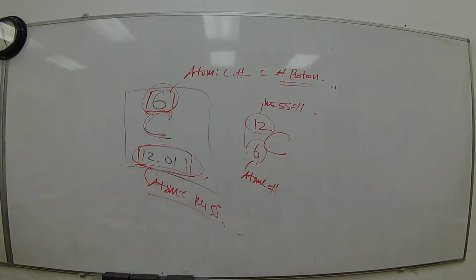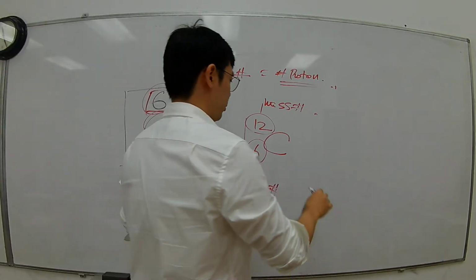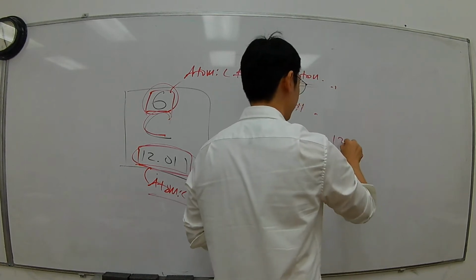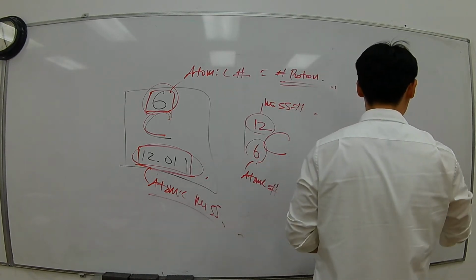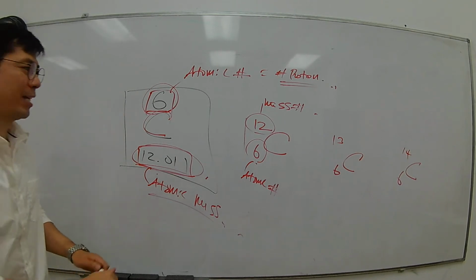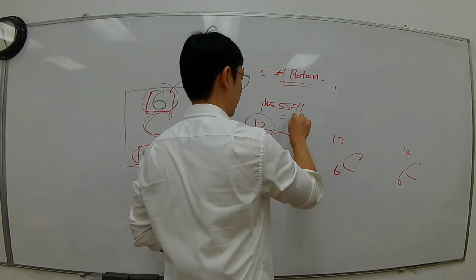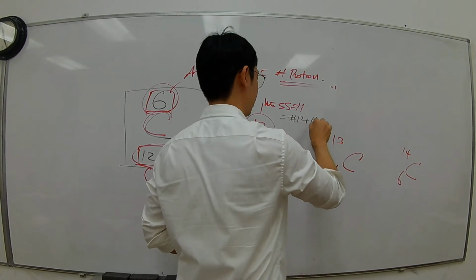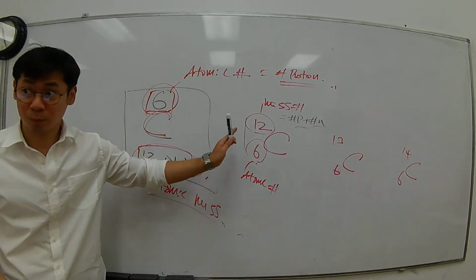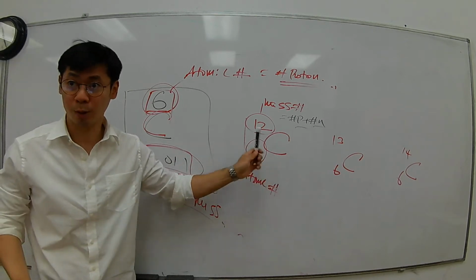The number of protons plus the number of neutrons, right? That's what we call the mass number.